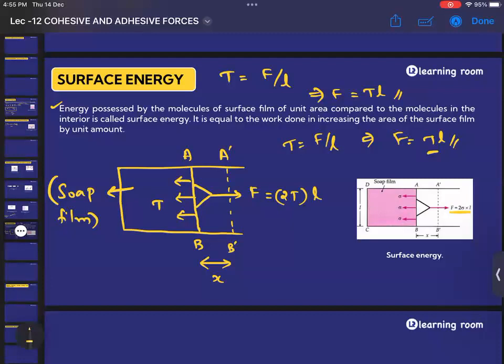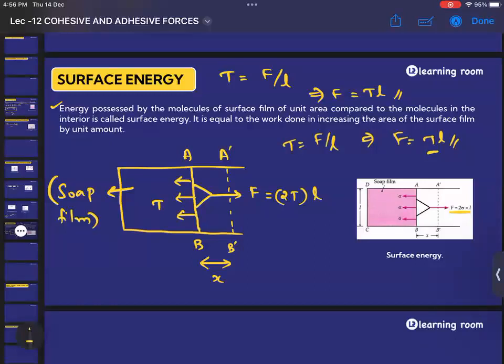I should consider unit area. So the energy possessed by molecules of surface film of unit area, compared to the energy possessed by the molecules which are in the interior part of that liquid, is what is called surface energy. That is the definition. Am I clear with that?